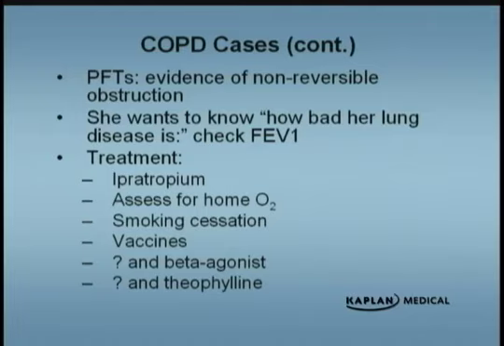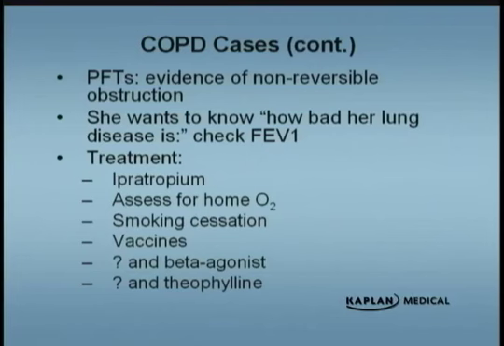I told you, be careful about using a beta agonist with ipratropium. It causes bronchodilation, but it also causes tachycardia. And what if she still has symptoms besides all that? Then we think about adding theophylline. But the question in these patients is to make sure she doesn't get any toxicity from theophylline.